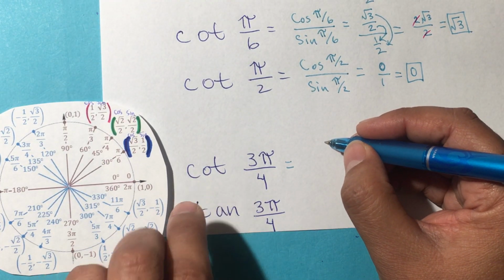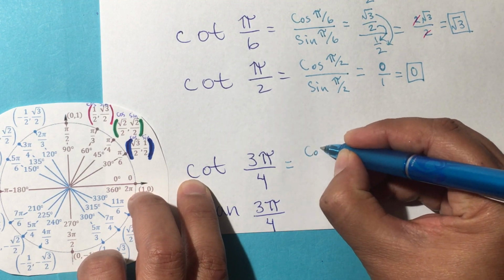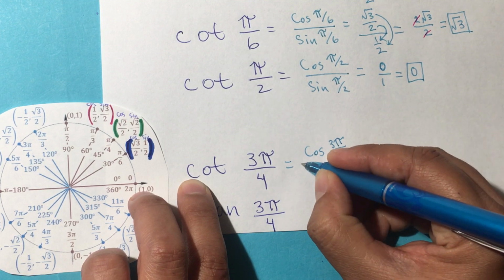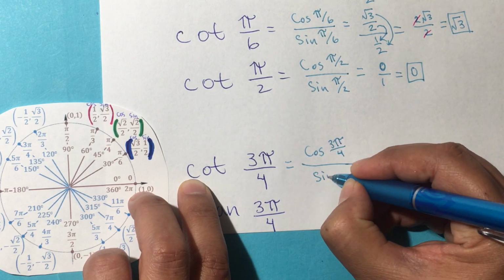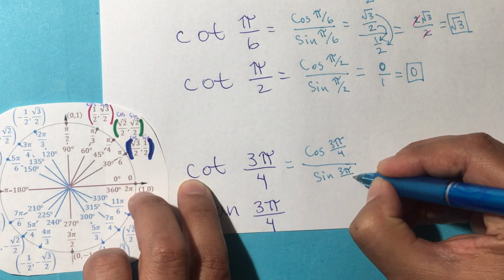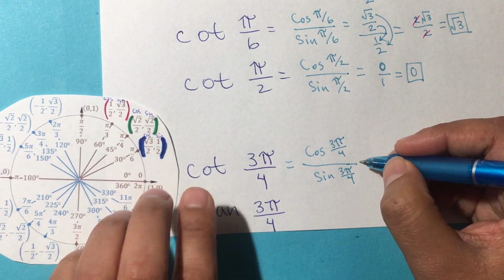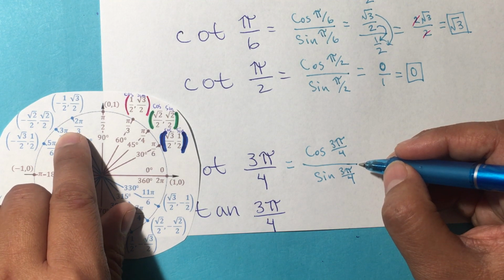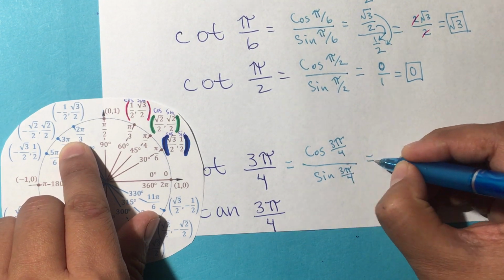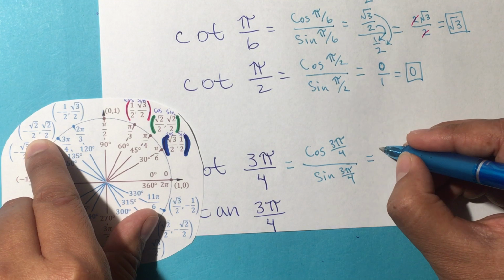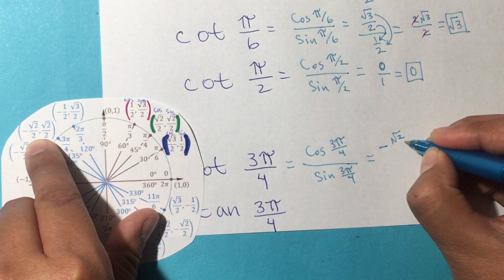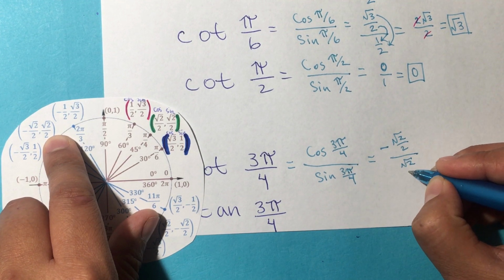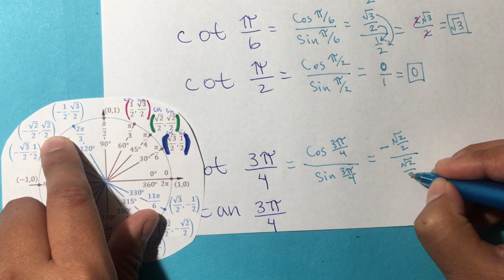Cotangent, again, if it starts with c, it starts with cos in here. Cotangent of 3 pi over 4 is cosine of 3 pi over 4 divided by sine of 3 pi over 4. In here, the 3/4 of pi, it's right here, this value over here. So cosine, it's the x value, which is negative square root of 2 over 2, divided by square root of 2 over 2 for sine.